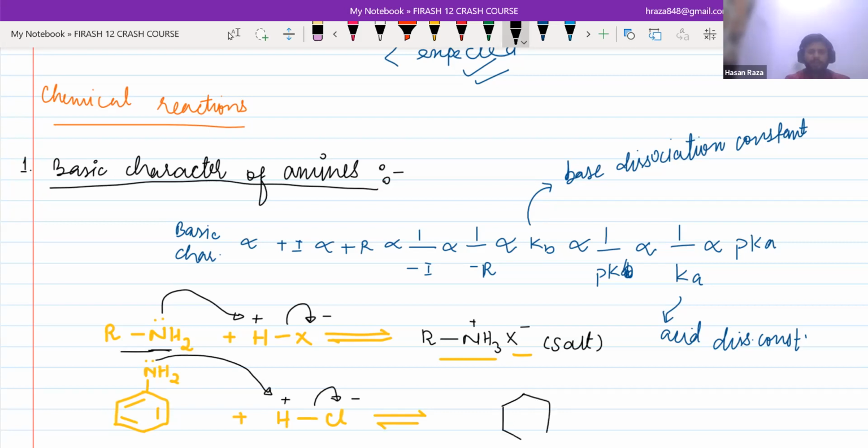You can say this is basically an anilinium chloride. So it will be NH3 positive, because nitrogen donated electron to hydrogen and there was Cl negative, so it will be like this. It is also a salt, its name is anilinium. This is your aniline. So please do write it.